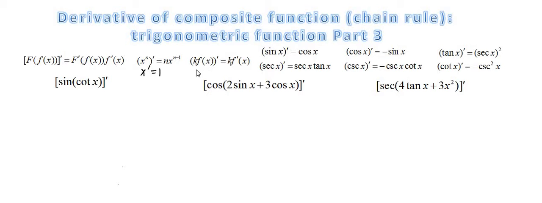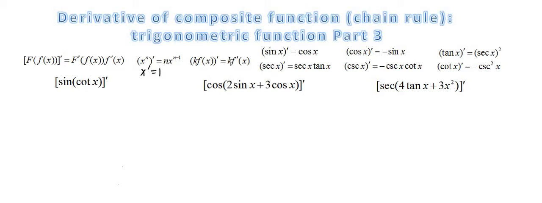The third one is the constant multiple rule. The derivative of a constant times f(x) equals the constant times the derivative of this function. I list all the derivatives for the trig functions. There are 6 of them.